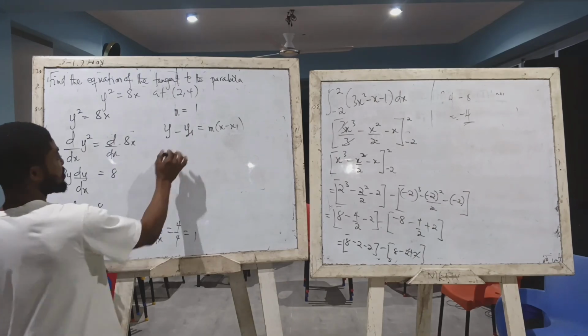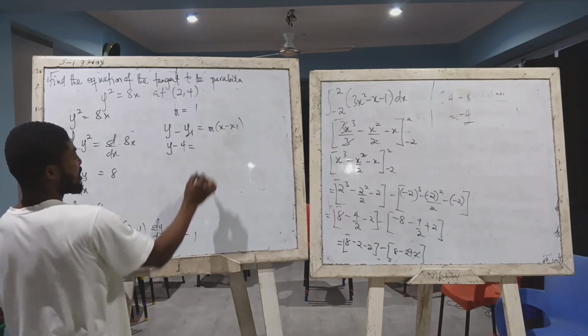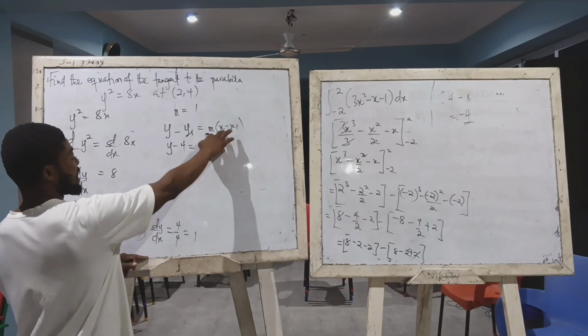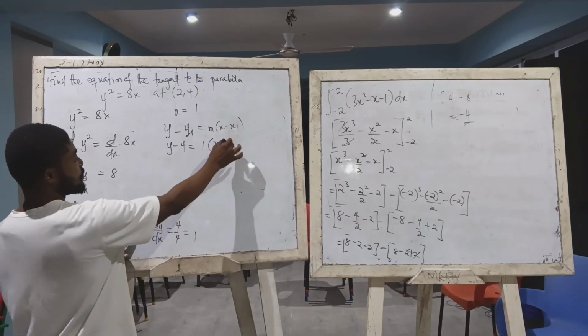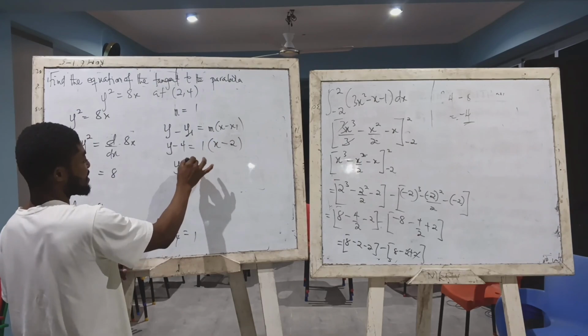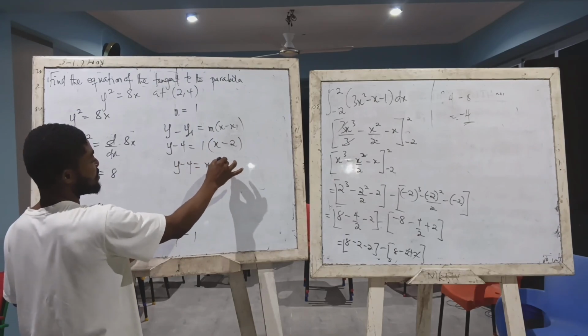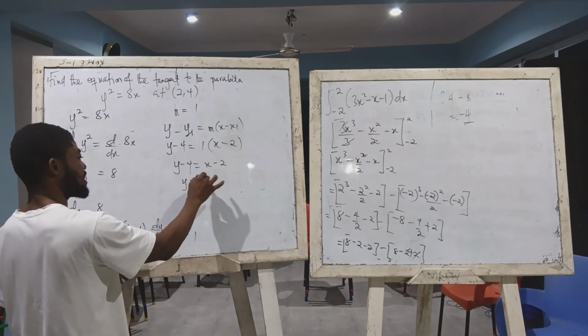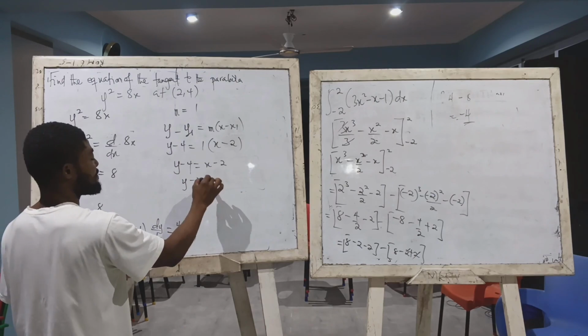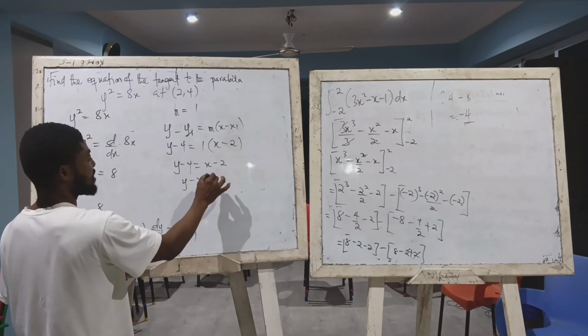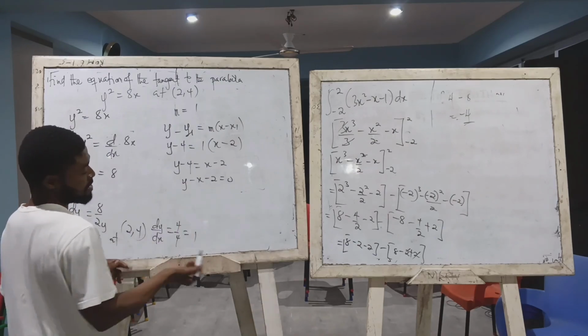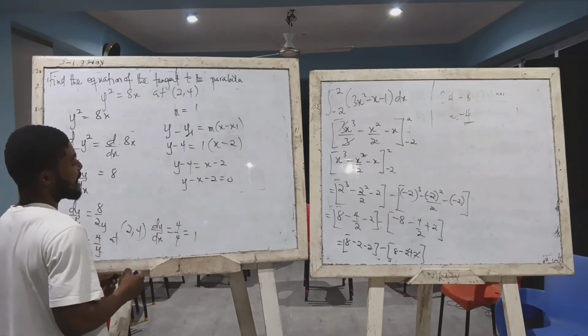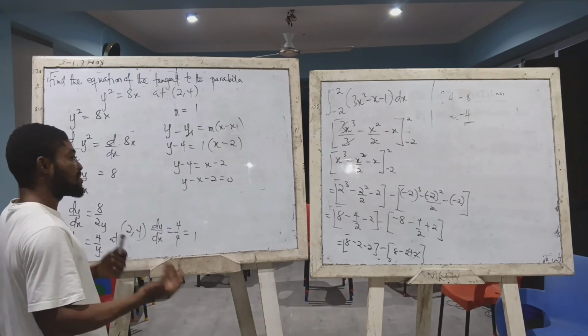So we have y minus 4, the m is 1, and x1 is 2, and so this becomes y minus 4 is equal to x minus 2. And so y minus x minus 2 is equal to 0. Or better still, x minus y plus 2 is equal to 0.